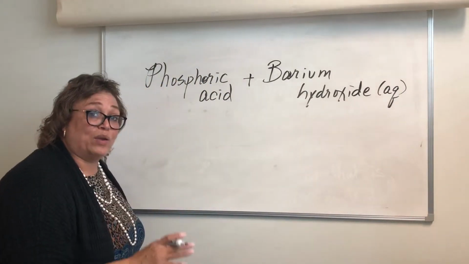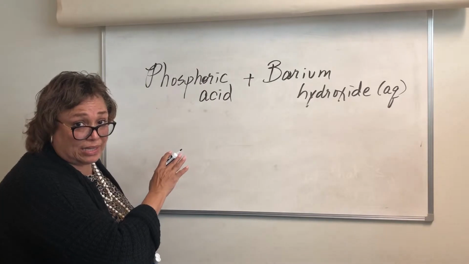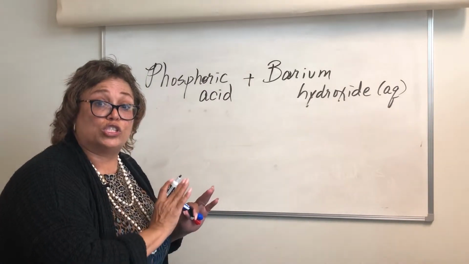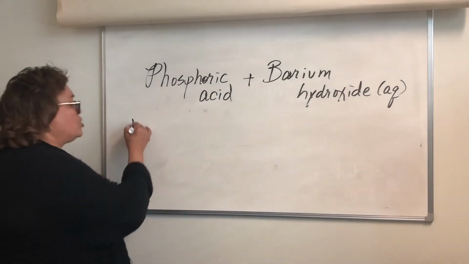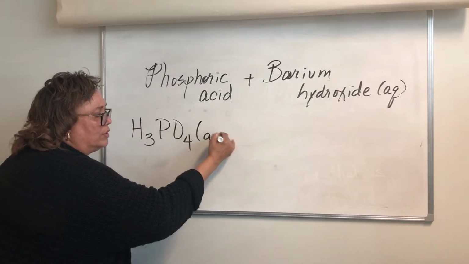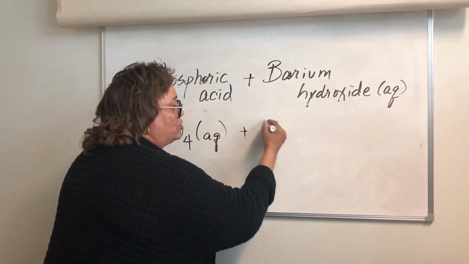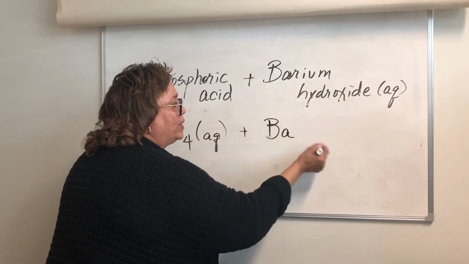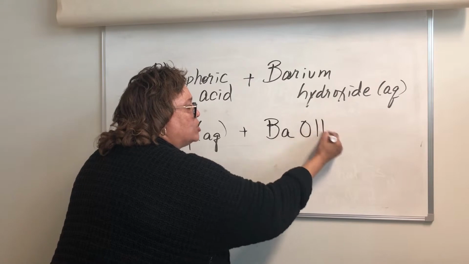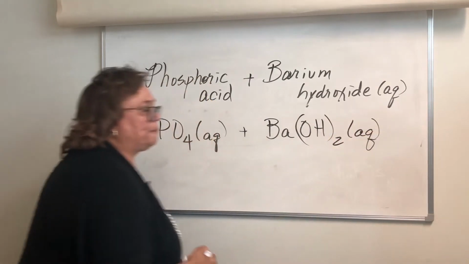So again, in the phosphoric acid, I'll tell you, we'll break down into several steps, but right now, we'll just do basic chemistry. So your phosphoric acid as a whole looks like so. And your barium hydroxide, as you know, barium's a 2+, the hydroxide's a -1. So I need 2 of those. And I told you it was aqueous.